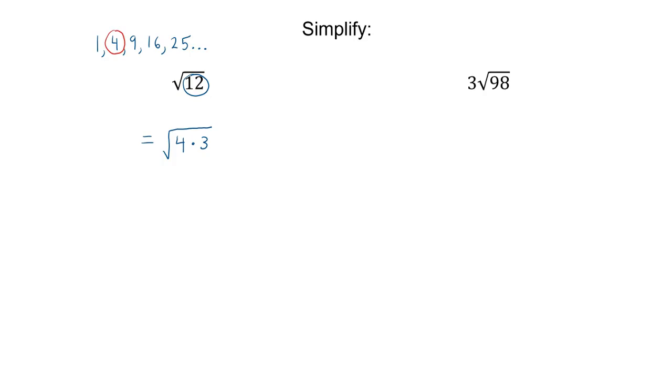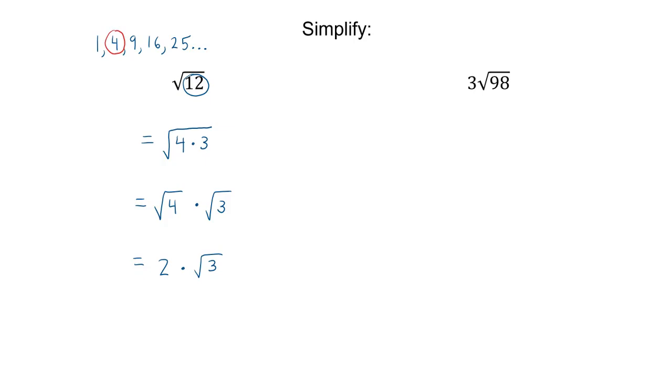But now using the multiplication property of radicals, we can rewrite that expression. The multiplication property of radicals says that we can rewrite the square root of 4 times 3 as the square root of 4 times the square root of 3. Now we can simplify each of these square roots if we're able. The square root of 4 is 2, and that would still be multiplied by the square root of 3.